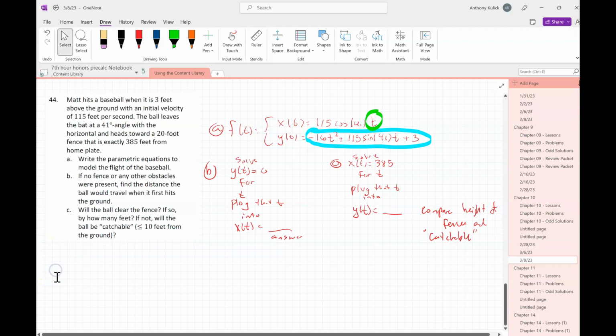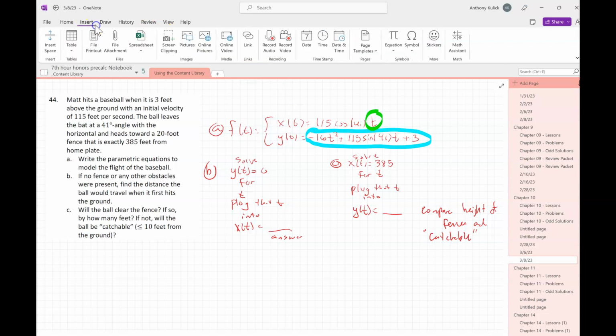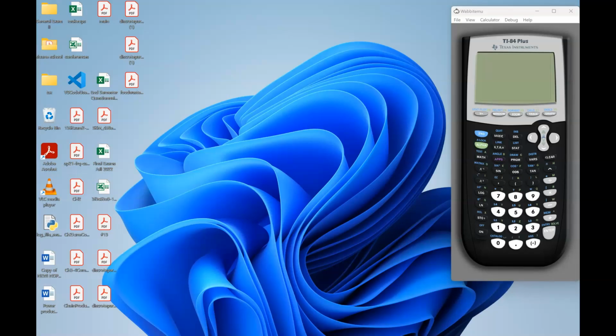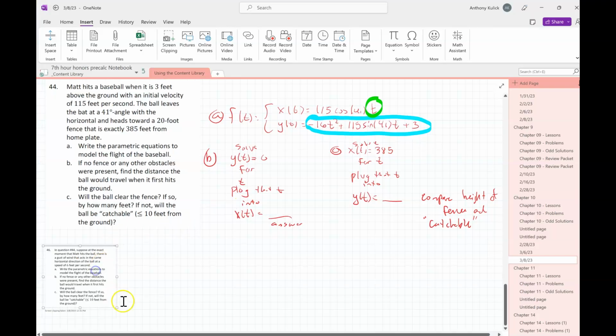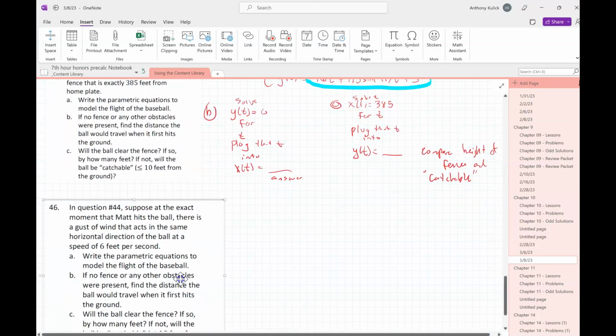Diego. 46 takes that problem and adds wind. So you add that to velocity. Yeah, that's exactly the right idea, going in the same direction.